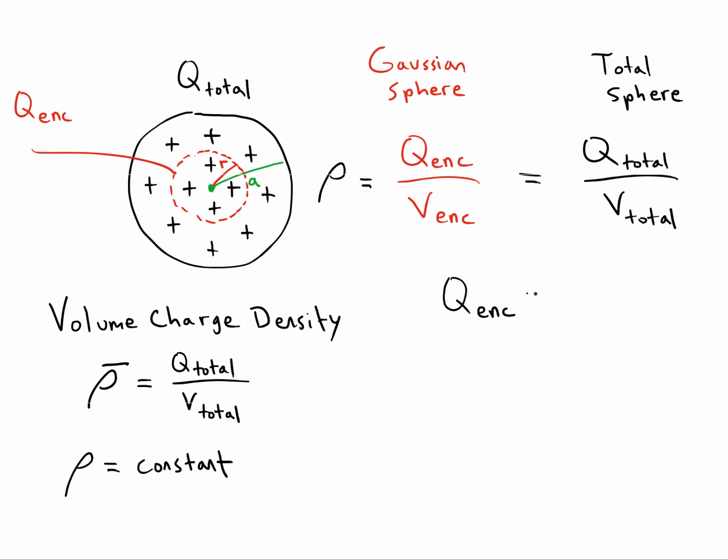If I rewrite the equation, I get this. The charge enclosed by my Gaussian sphere is a ratio of the volume inside that region over the total volume times the charge of the overall object. Now we have a formula for the volume of a sphere.